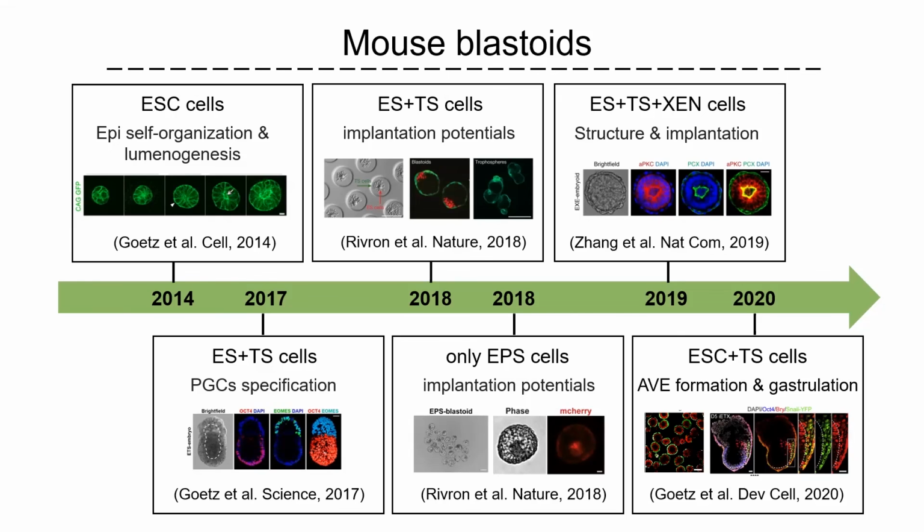Following the report, several other labs have reported modified methods for blastoid generation that all recapitulate the blastocyst morphology and contain the three distinct cell lineages using three types of mouse blastocyst-derived stem cells.